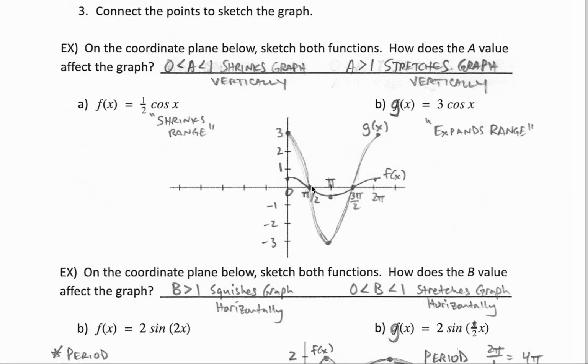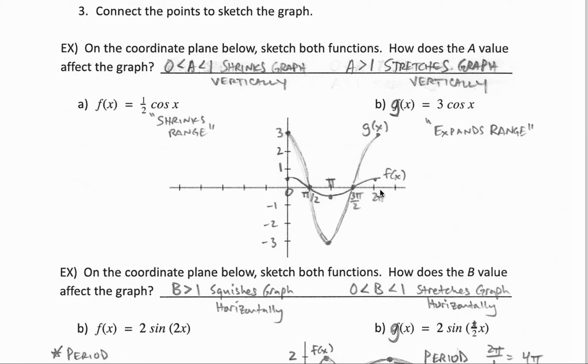Half of that would be pi over 2. And in between pi and 2 pi, exactly in the middle, would be 3pi/2. If this is pi/2, 2pi/2 is pi, 3pi/2 would be 3 parts, and 4pi/2 or 2 pi would get me to my end.